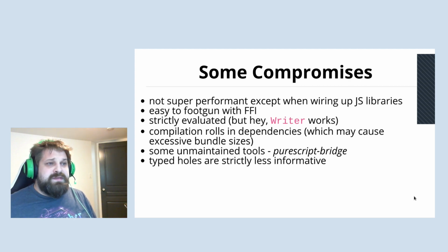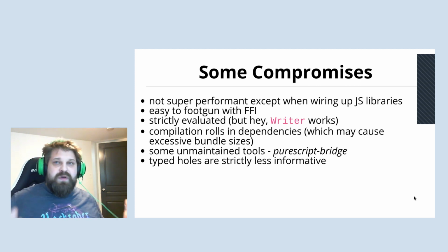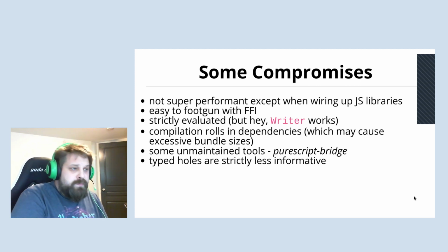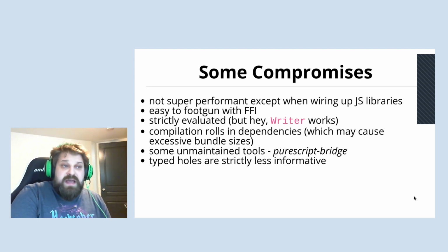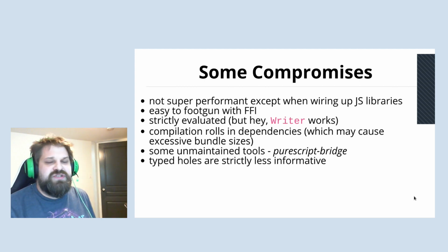Find a good fork, though, because it's really, really powerful. It lets you take Haskell types and share them with a Purescript library, essentially. So it'll generate a Purescript module with all of your Haskell types and correspondingly equivalent encoding and decoding for JSON, for example. But your type tools are, as I mentioned before, a little bit less informative than you would see in GHC.